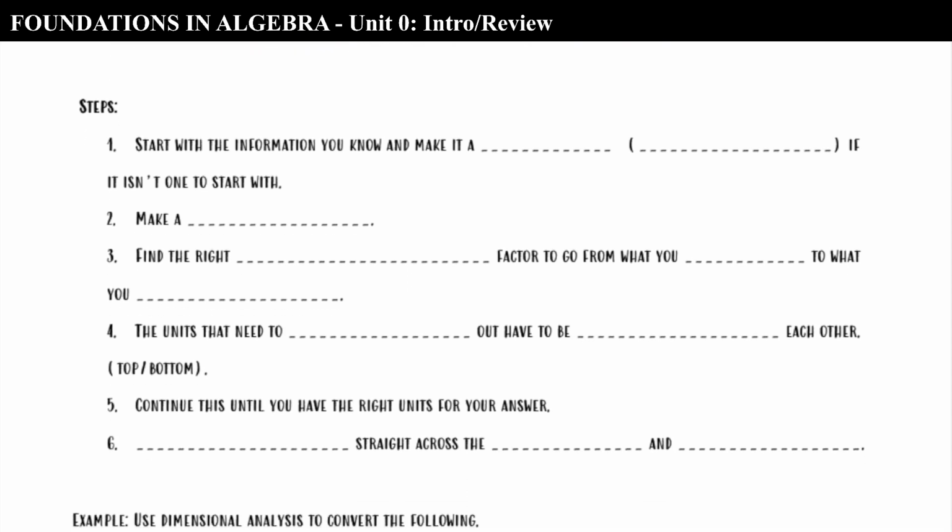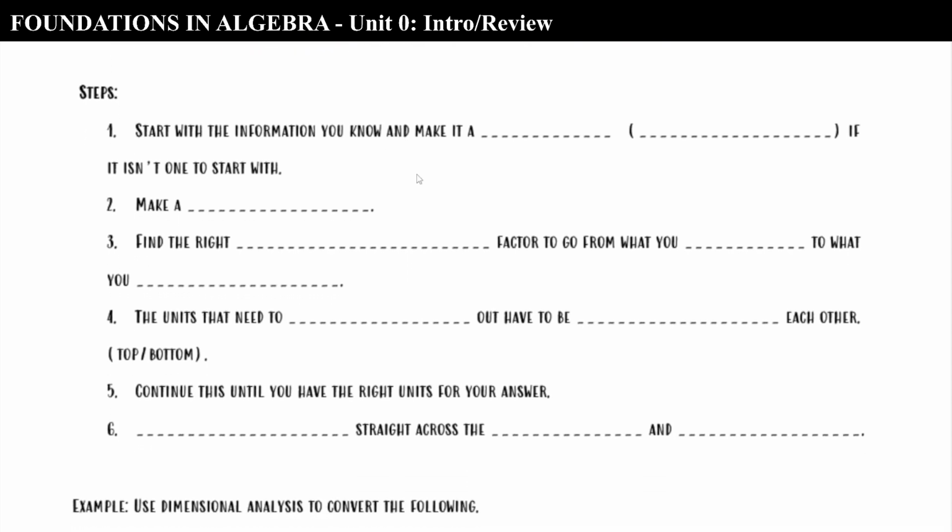Here are the steps we're going to use. We start with the information you know, and we make it a fraction, putting it over 1 if it isn't already a fraction.